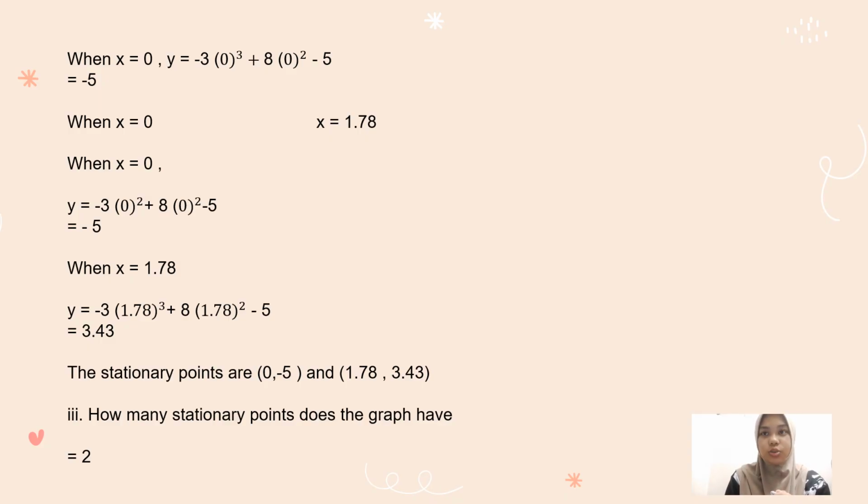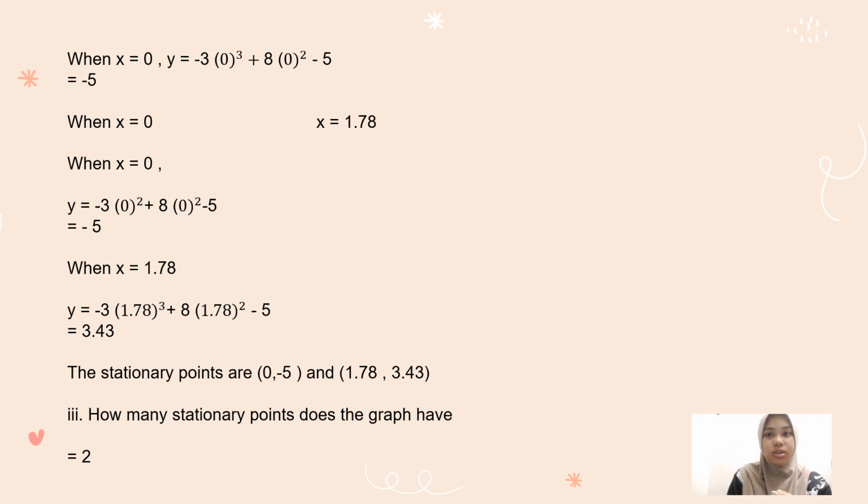When x equals 0, y equals negative 3(0)^3 plus 8(0)^2 minus 5, which equals negative 5.